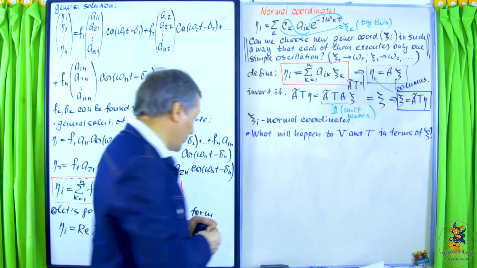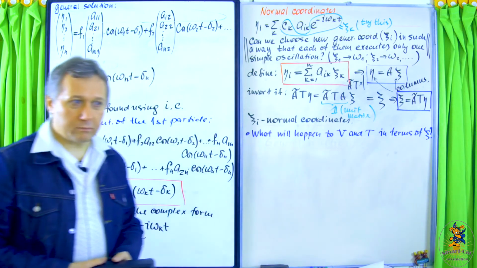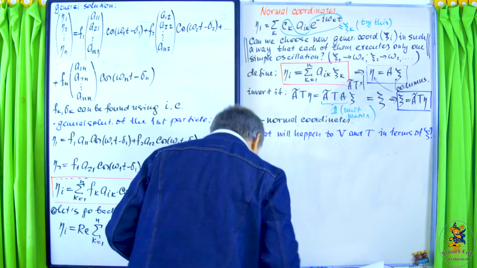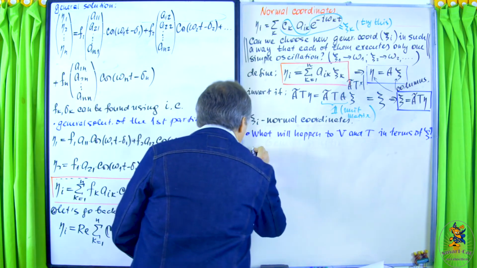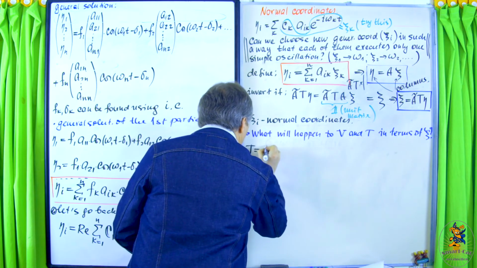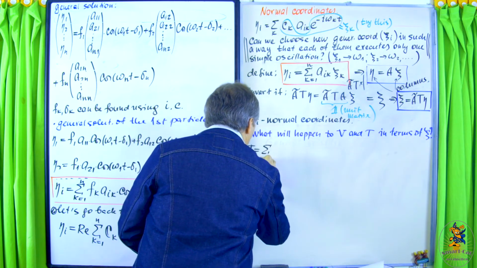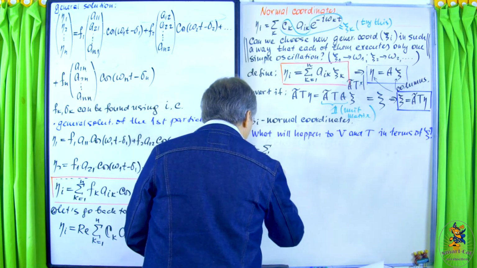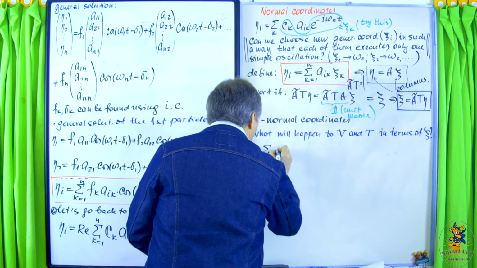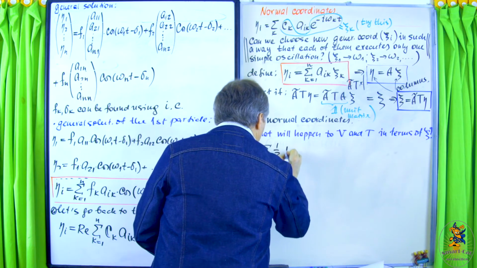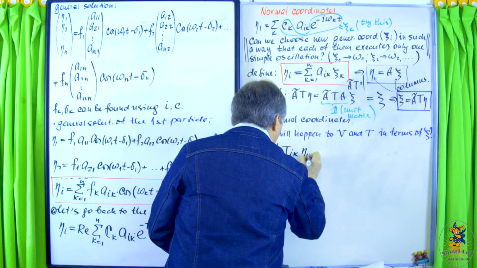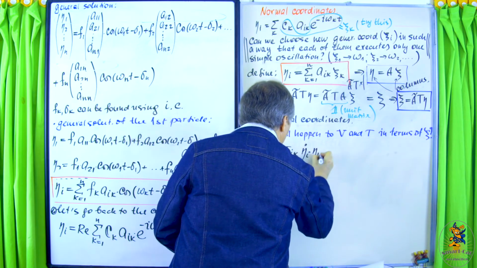Okay, so from the definition at the very beginning of this chapter, we wrote down the kinetic energy. Let's start with kinetic. So kinetic energy was introduced like this: summation over i, k, 1 over 2, then T_ik, eta i dot, eta k dot.